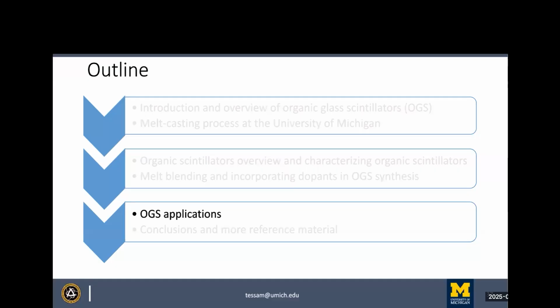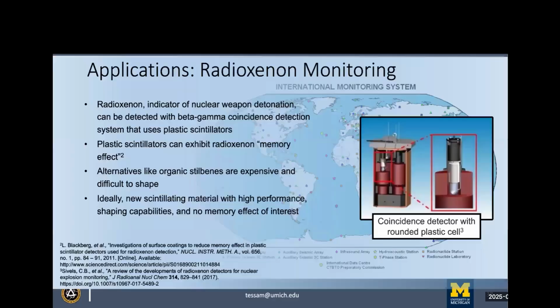Now, ultimately, why are we doing all of this? It's great that our OGS is doing so well, but what do we want to use it for? Well, some specific applications of OGS would include radioxenon monitoring, which as a nuclear security group, POTSI's DNNG group pays a lot of attention to. Radioactive isotopes of xenon are a key indicator of nuclear weapon detonation.